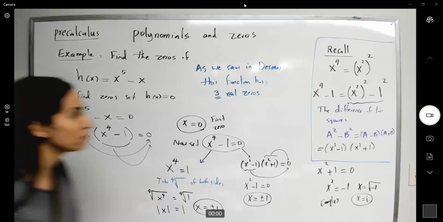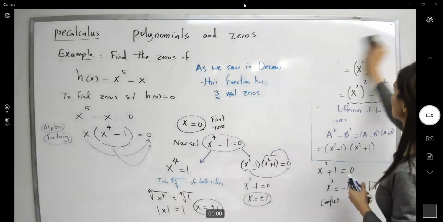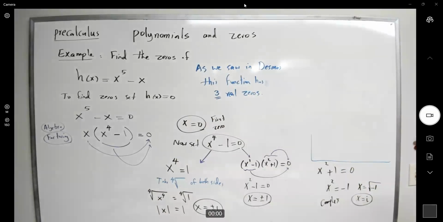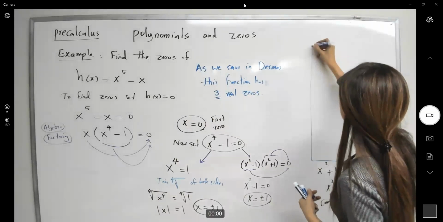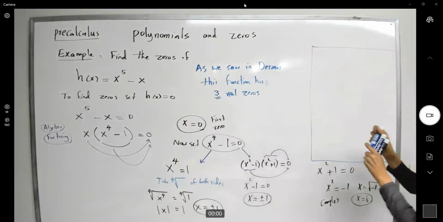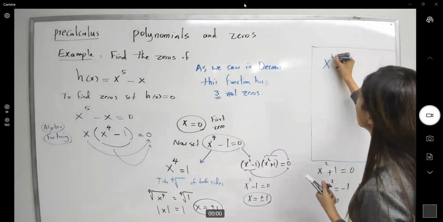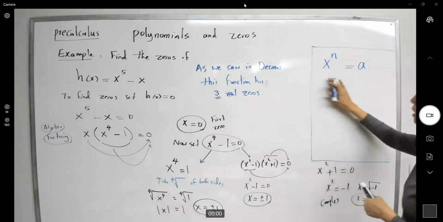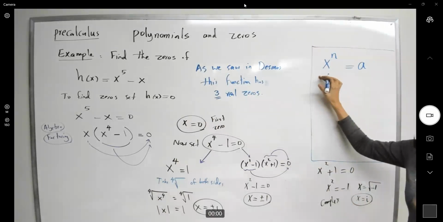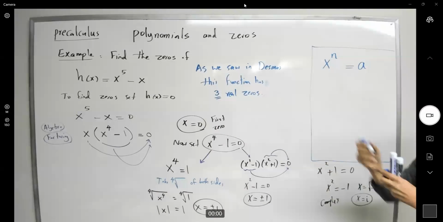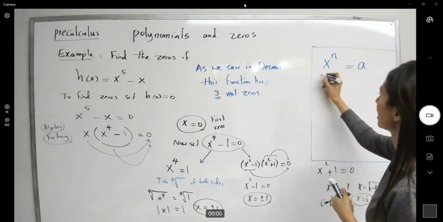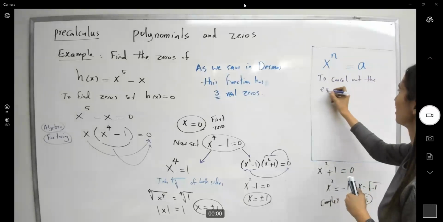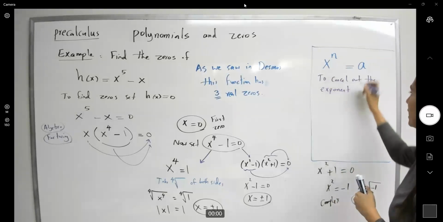In general, if we have something like this, an exponent n on a variable like x, if you have x to the n equals a number, any number, like a, to solve this, we can take the nth root of the left-hand side to cancel out the exponent, which is n.